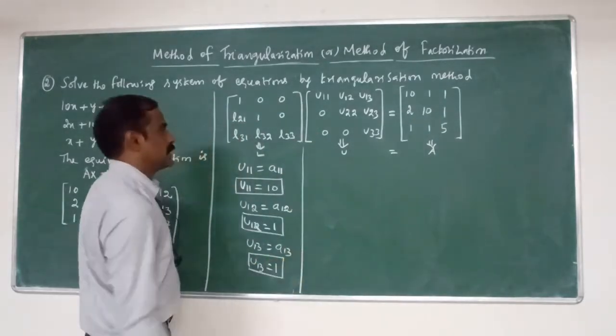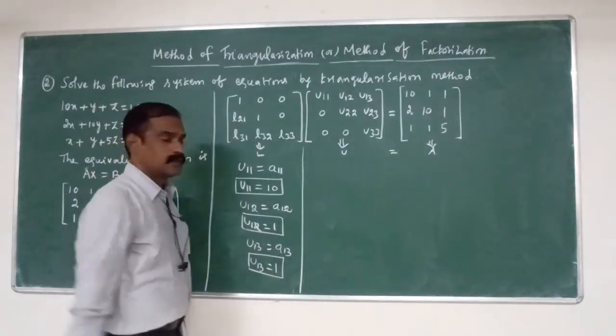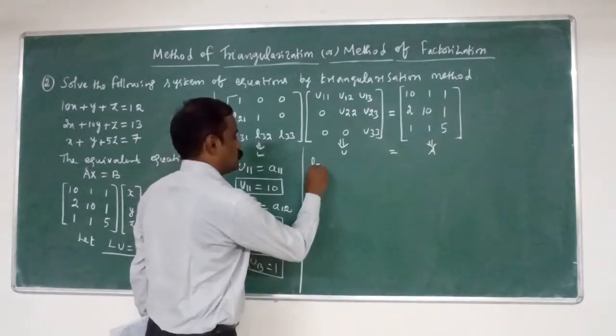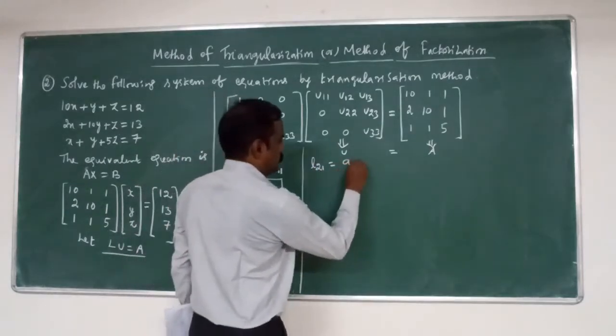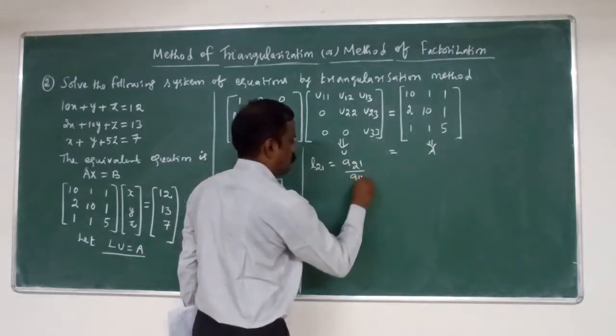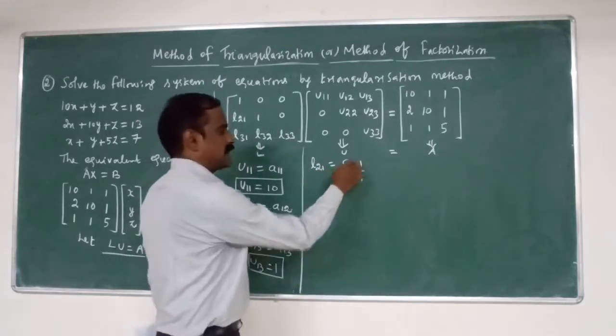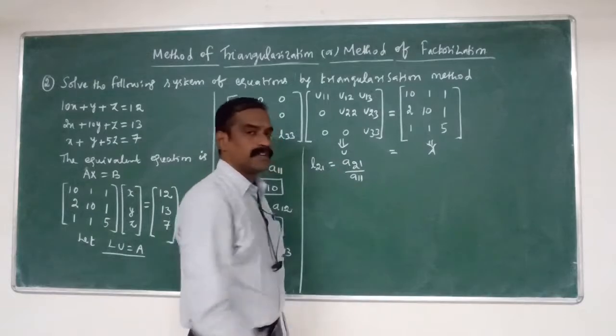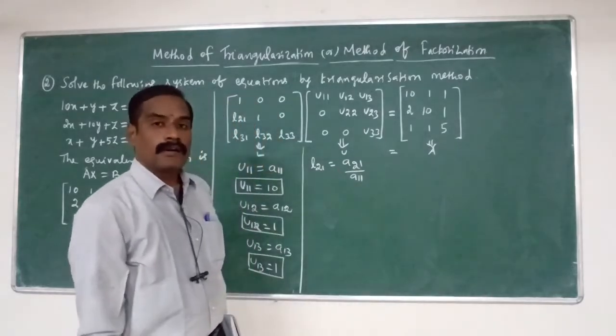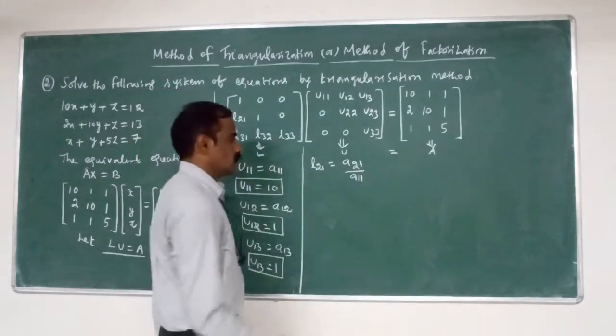Next to find out the L21 value. Now the formula for L21 is A21 divided by A11. This formula you refer to the previous video or previous topic. Okay.